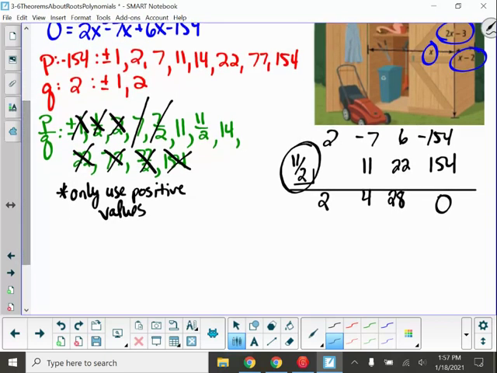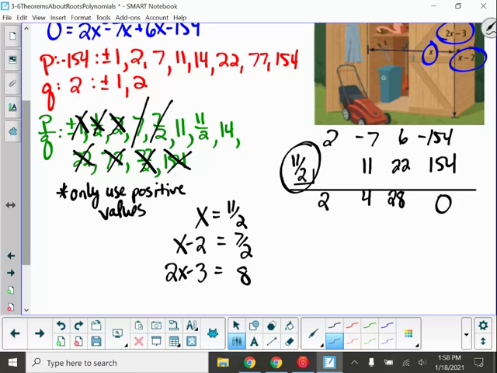So the dimension of x is going to equal 11 halves. The x minus 2, if I take 2 away from that, that's going to be 7 halves, or 3.5. And then the 2x minus 3 is going to be 2 times 11 halves, which is 11 minus 3, is going to be 8.